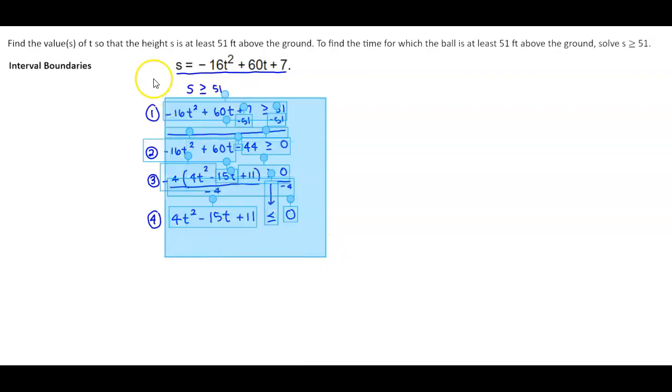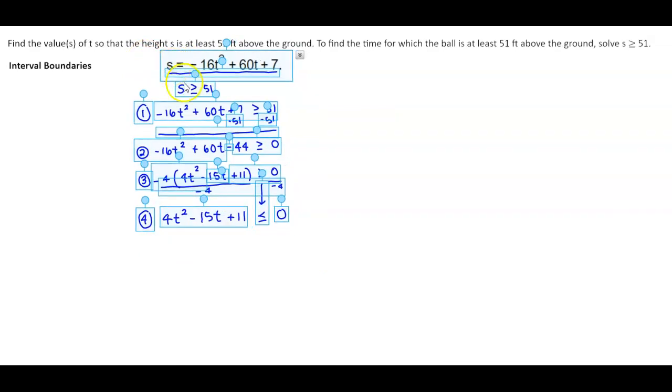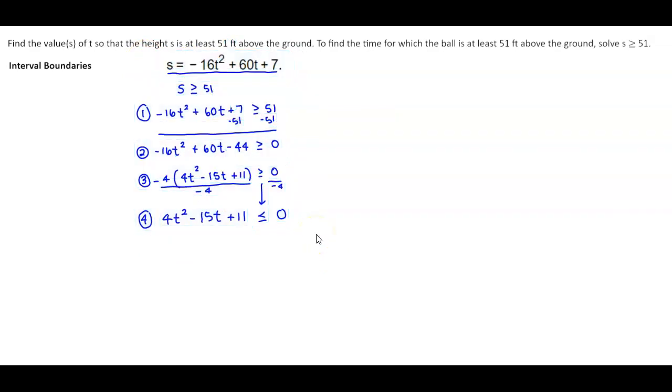Okay, so now we have our inequality, but we need to find our interval boundaries. In order to find those, we write this as an equation: 4t squared minus 15t plus 11 equals 0.